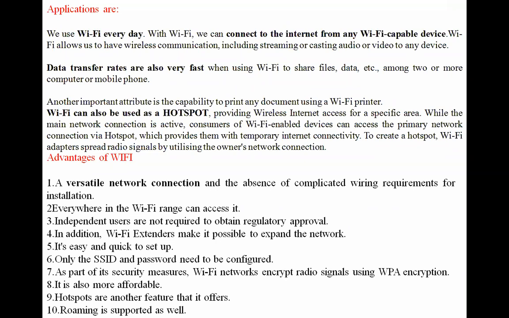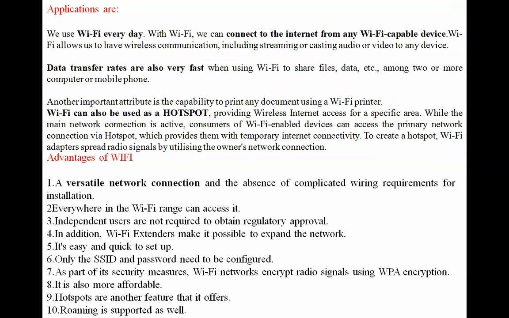So this Wi-Fi can also be used as a hotspot. Where do you use this hotspot? If your friend has Wi-Fi but cannot connect to the internet, your friend will tell you to just turn on your hotspot so that they can access the network.